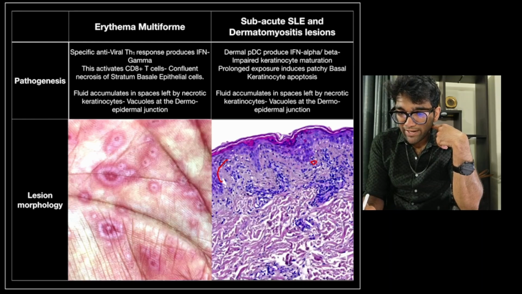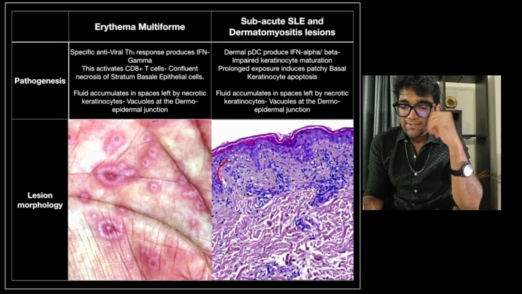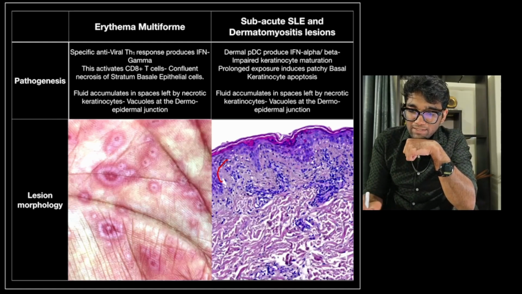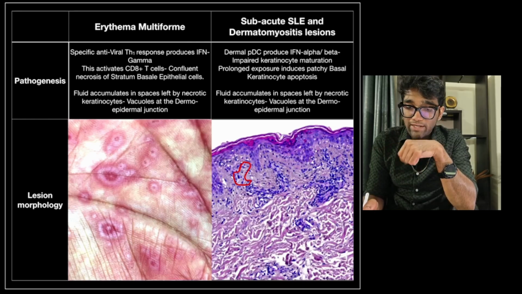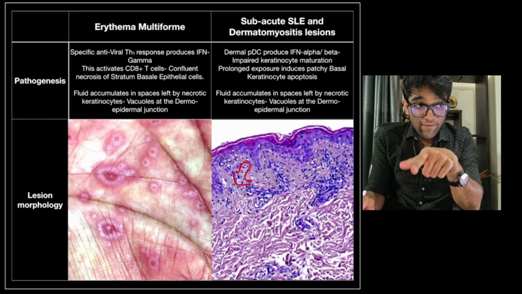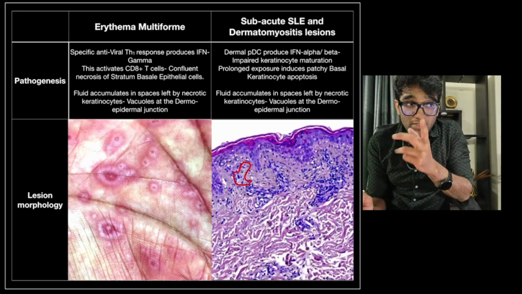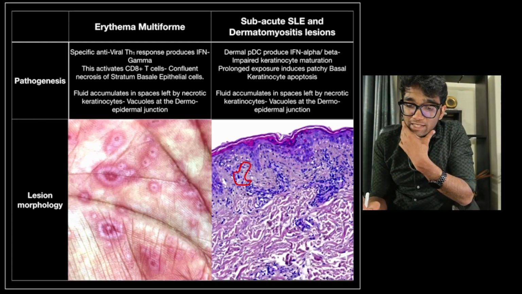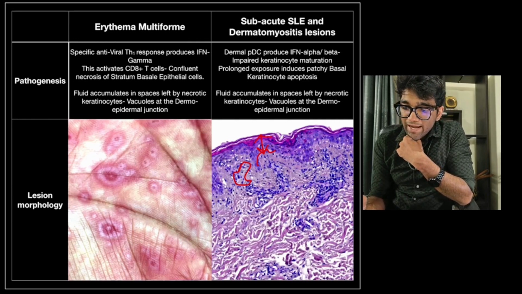There are some holes, white dots that are dotting this dermoepidermal junction, and that is what we call vacuolar interface dermatitis. Now, what has happened here is there is a plasmacytoid dendritic cell somewhere here that is producing type 1 interferon. That type 1 interferon is impairing epidermal cell differentiation. Because the epidermal cells are differentiating very slowly, the epidermal thickness has decreased, so the epidermis is very thin.